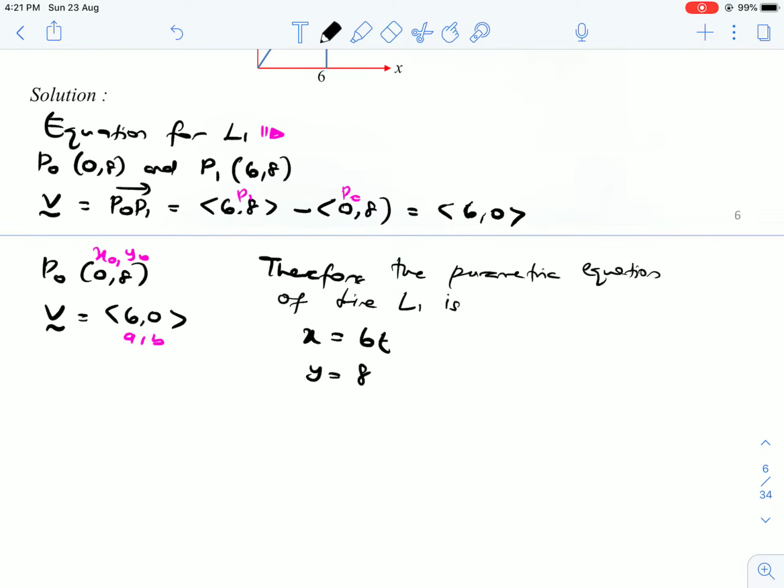So that's it. That's the answer for the parametric equations of L1. Done.